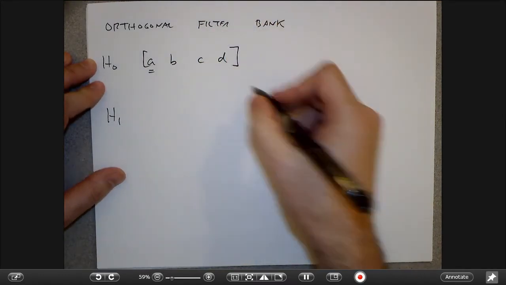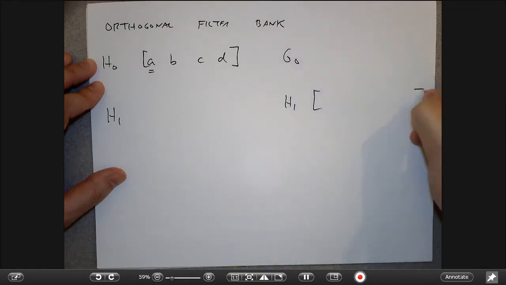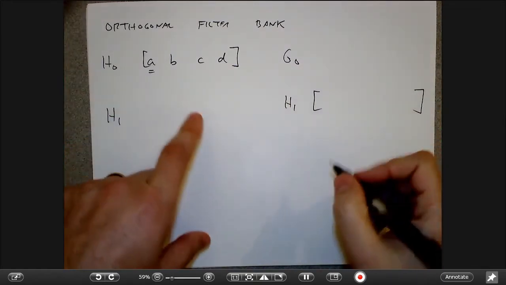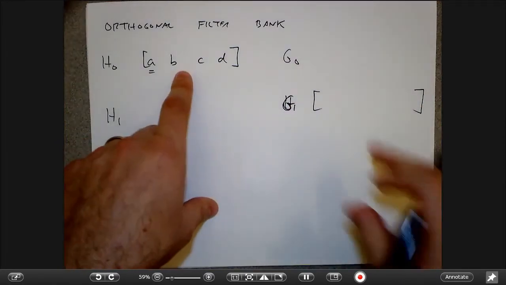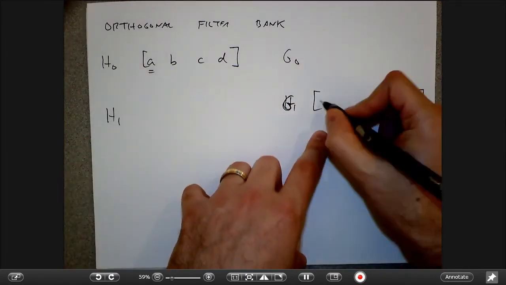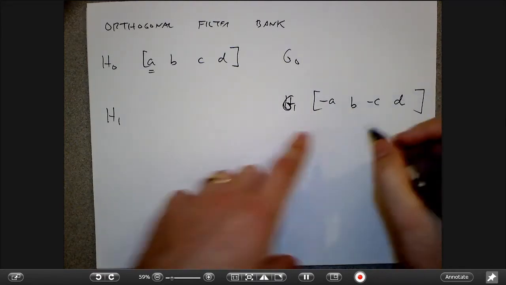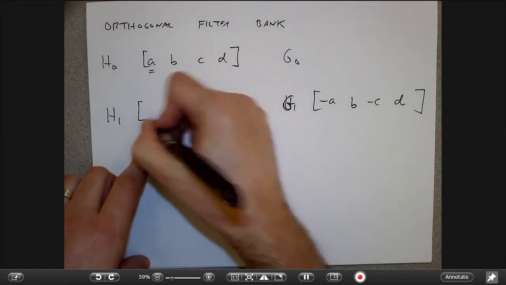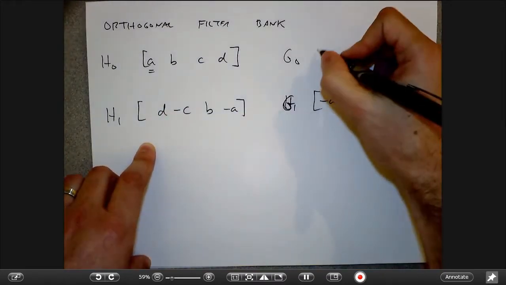So it's like saying that I already knew that H0 and G1 were related by something like this. But it turns out that also, if I make that choice, I get the same numbers appearing in these ones.